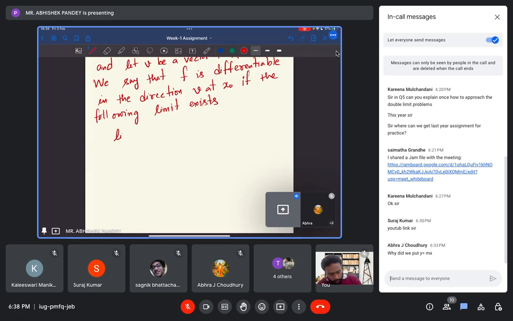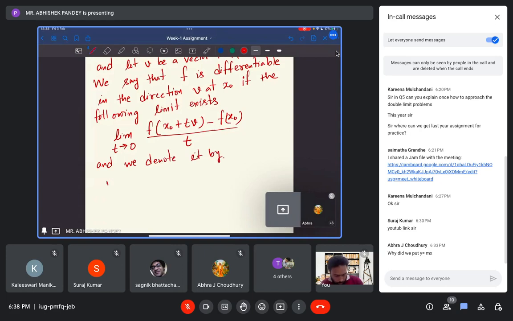Limit t tends to 0, f of x naught plus tv minus f of x naught upon t. Okay, so if this limit exists, we say that f is differentiable in the direction v at x naught. Okay, and we denote it by D_v f of x naught, which means directional derivative of f at x naught in the direction v.